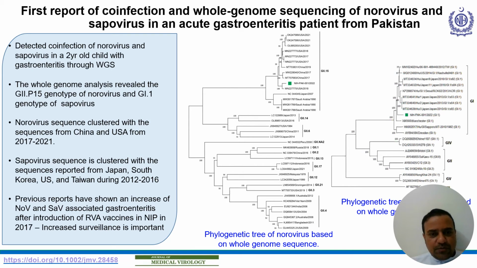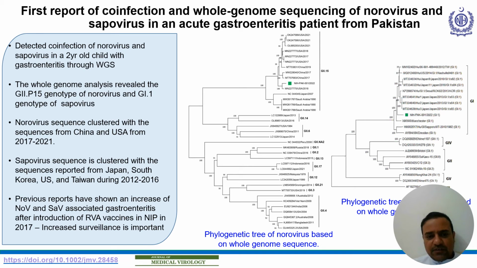We managed to do whole genome sequencing of both those viruses. It was a co-infection case, and we found that norovirus genogroup 2 and genotype P15 was predominant. Then we did some phylogenetic analysis and found that the norovirus showed similarity with sequences from China and USA.